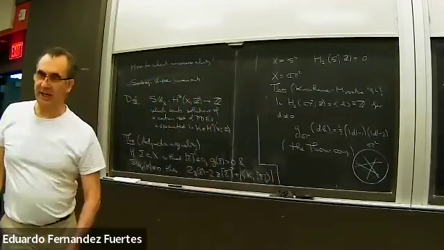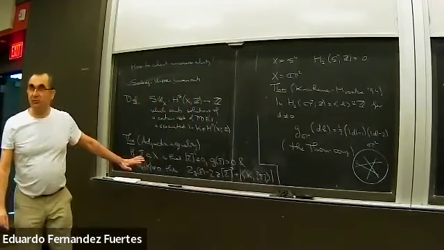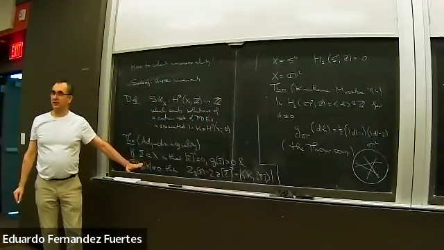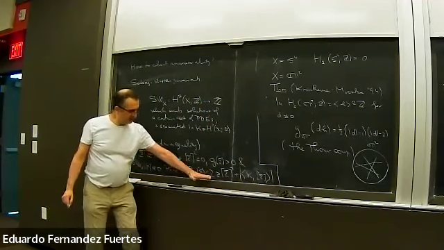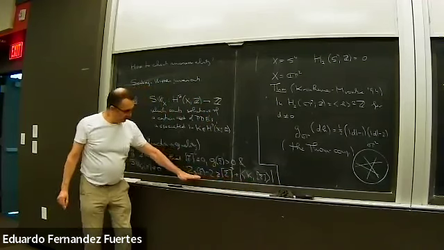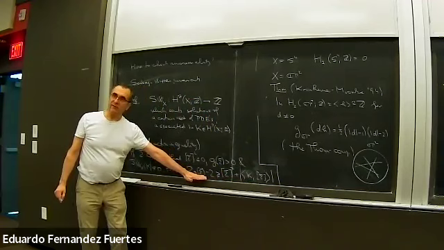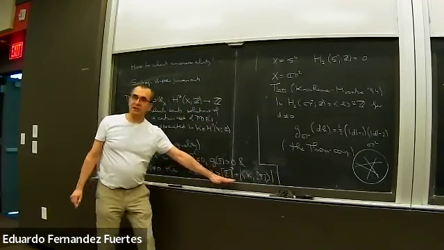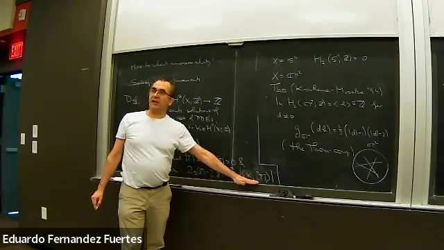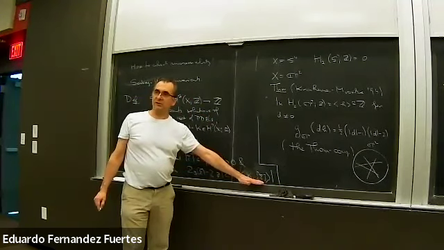So you should see the similarity and also the difference with the adjunction equality. What are the similarities? Well, the terms appearing are very similar. We have the negative of the Euler characteristic of the surface, we have the self-intersection, and we have an evaluation of a second cohomology class on its homology.